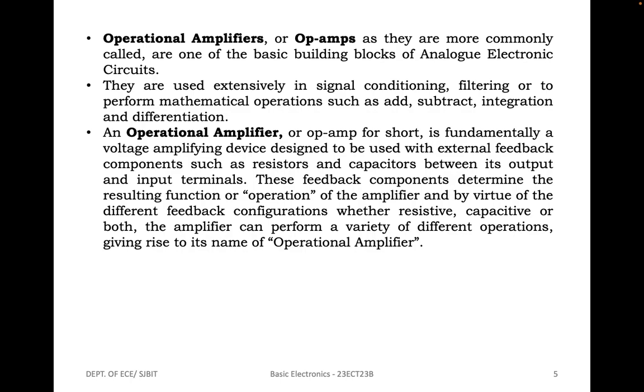These feedback components determine the resulting function or operation of the amplifier. By virtue of the different feedback configurations, whether resistive, capacitive, or both, this amplifier can perform a variety of different operations, which gives rise to its name as an operational amplifier. So that's why the name is operational amplifier.